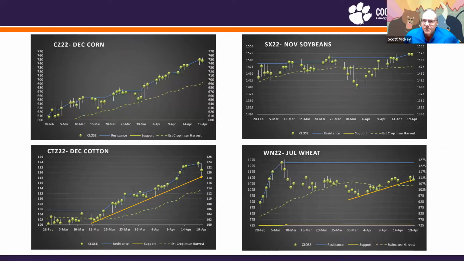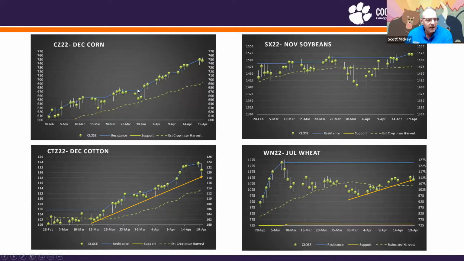But on a more positive note, when you look at the actual commodity prices, we'll start off with corn. Since the Ukraine-Russia tensions began back in late February, you can see that corn was moving steadily upward until the end of March.